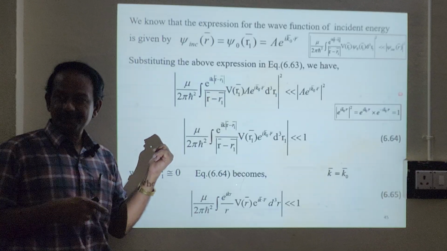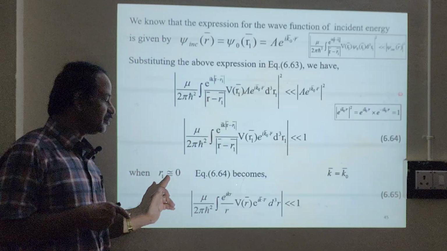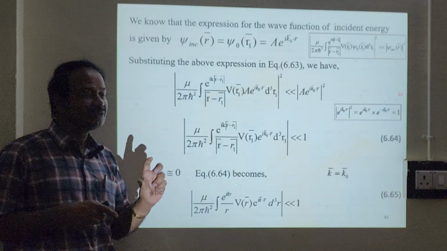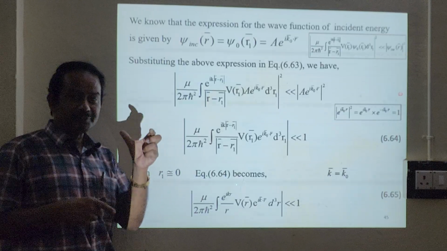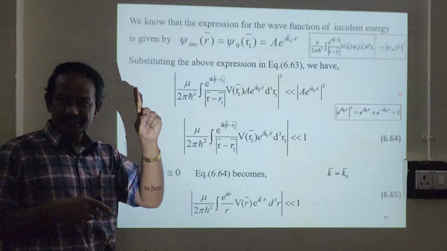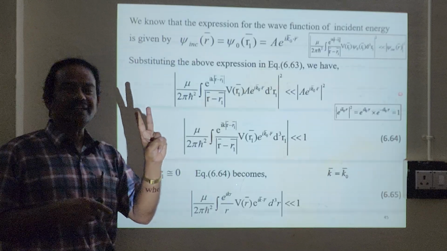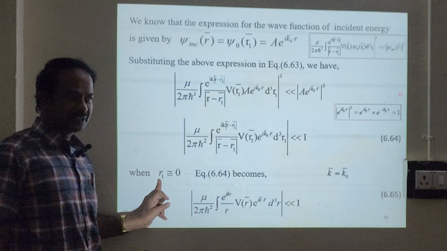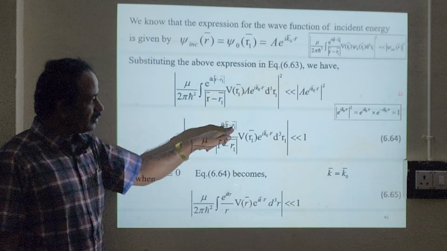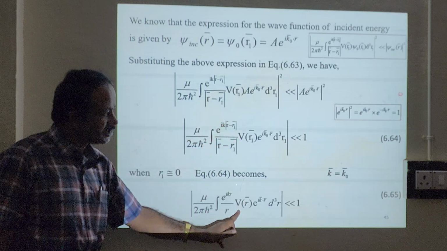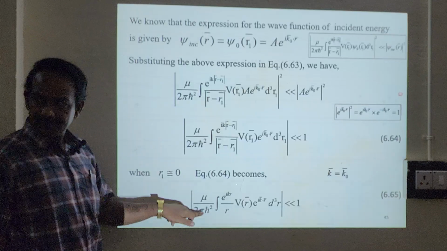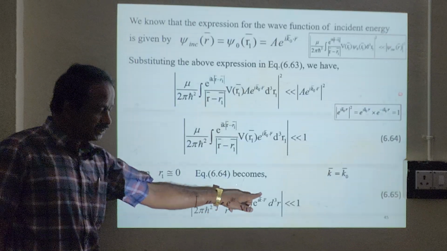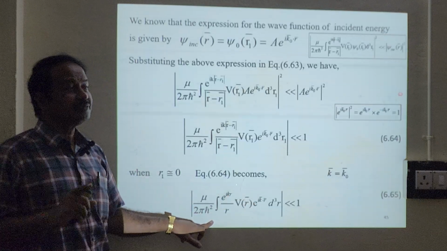For spherical symmetry, when r1 is almost equal to 0, the green function will be spherically symmetric. That is the first property. The second property is translation symmetry, r equals r plus a. The first property we have used now. So when r1 equals 0, this equation becomes exactly like this.